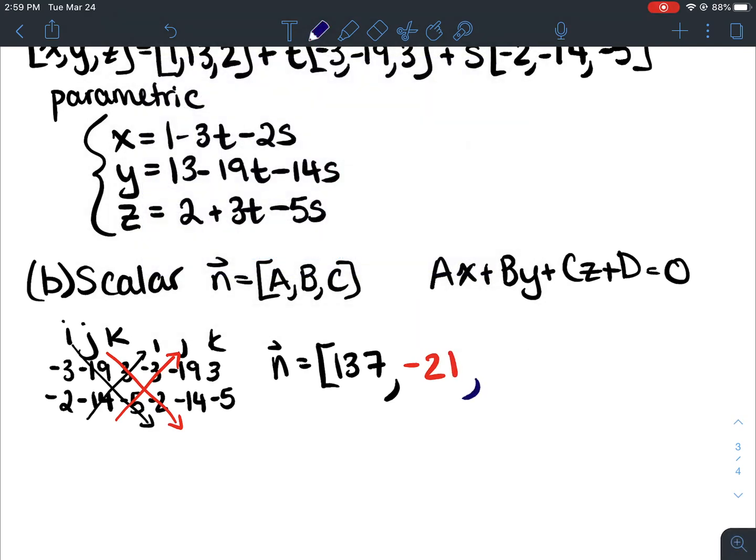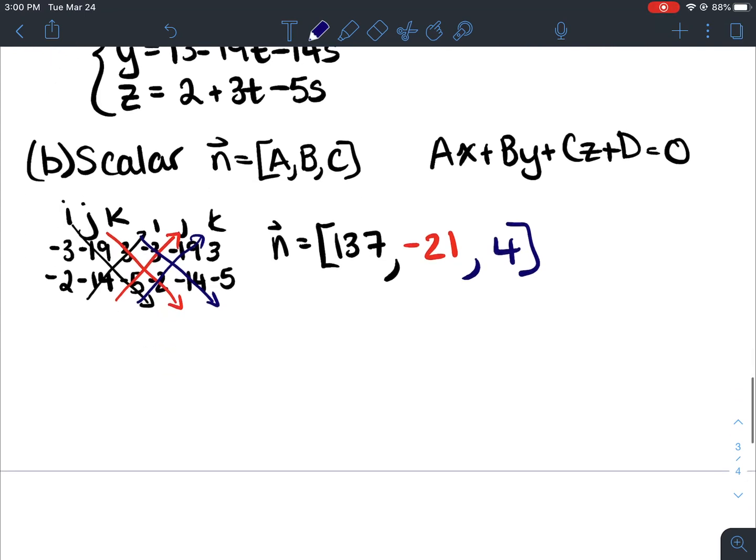And final one, -3 times -14, so 42, minus 38, which is 4. Okay. So that's your normal vector. You just do cross product and boom, you got A, B, and C.